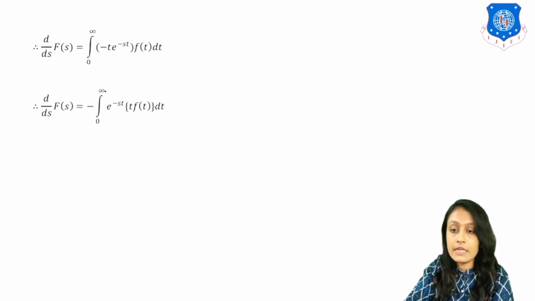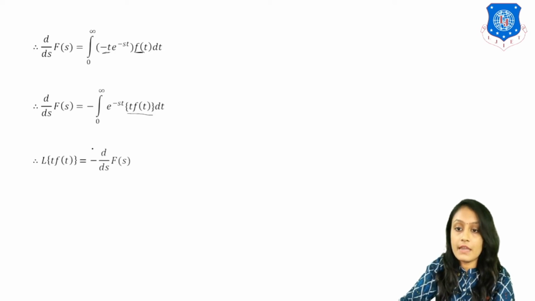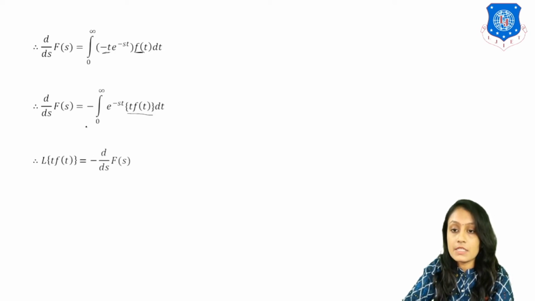Take minus outside, integration 0 to infinity e raised to minus st. Bring this t and f(t) together, so here we have t f(t). Okay, now this integration we can write as Laplace transform of t f(t). Okay, and just bring minus side over here. So this is minus d by ds of F(s).